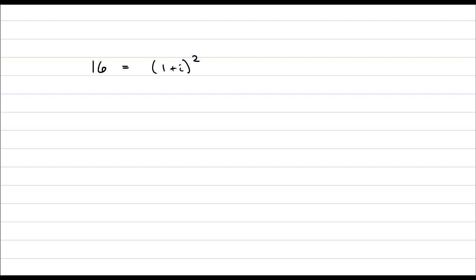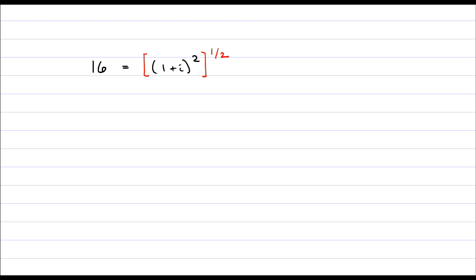If I wanted to get rid of the squared, if I wanted to get rid of that 2, I could take the square root of both sides. Now, our calculators happen to have a square root button, but just for the sake of argument, let's say they didn't. Another way to calculate square roots is to raise something to the 1/2 power. We discussed before that raising something to the 1/2 power is effectively the same as taking the square root of it.